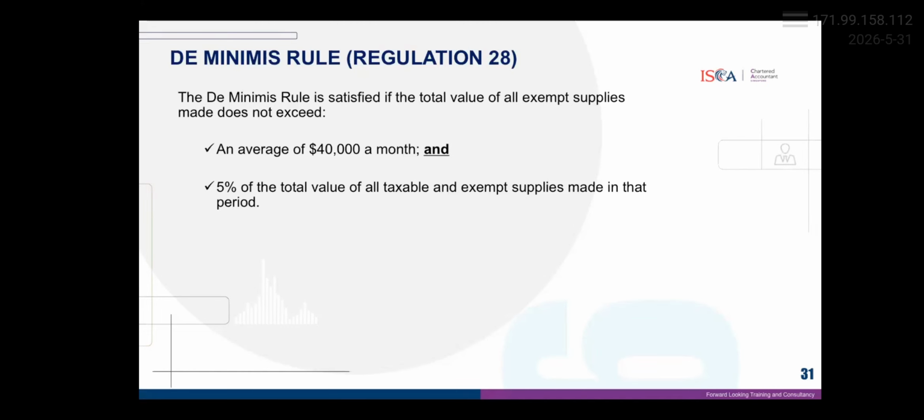On an average, if your exempt supply is lesser than 40,000 a month, and that value of exempt supply is lesser than 5% of your total value of taxable supply and exempt supply, which is all your supply, then you're fine, right? All your input tax will be claimable, even though you have exempt supply.